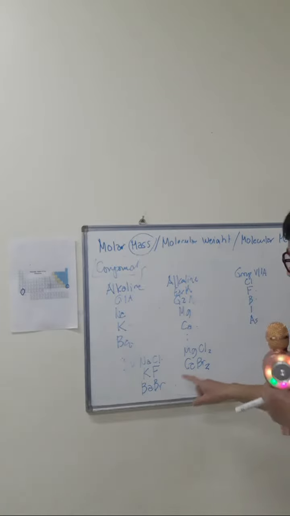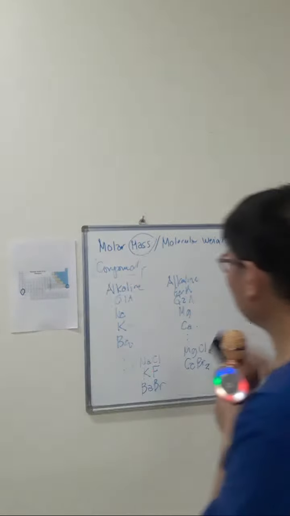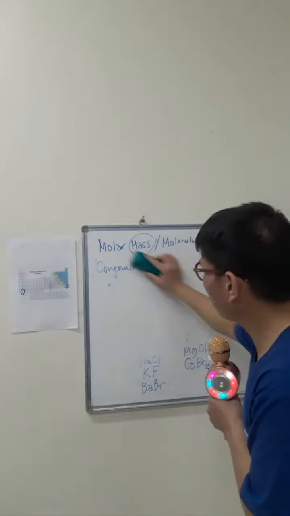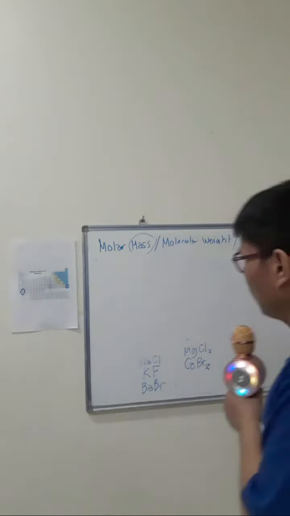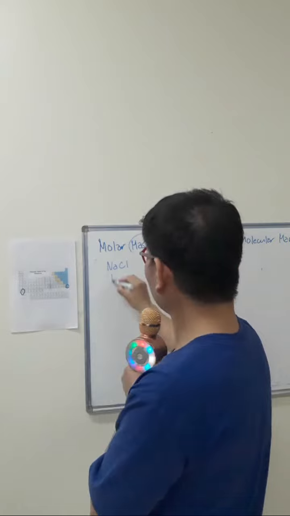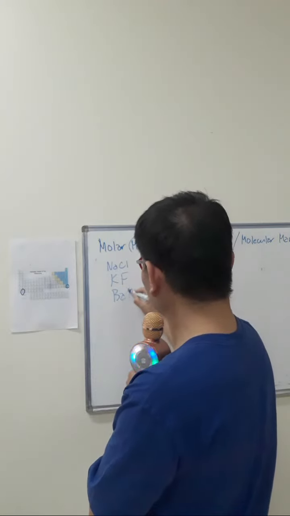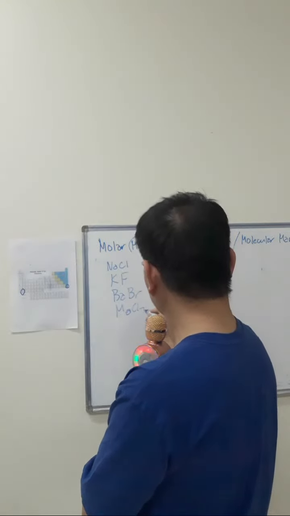So these are all ionic compounds: sodium chloride, potassium fluoride, barium bromide, magnesium chloride, and calcium bromide.